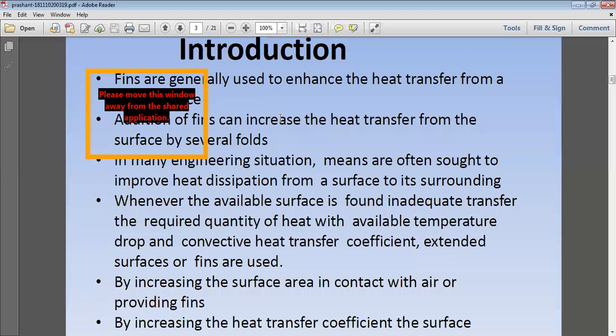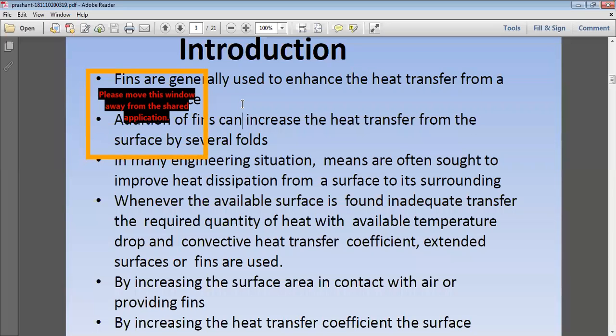Fins are generally used to enhance the heat transfer from a surface to the surroundings. So what is the main function of the fin? Fins are used to enhance the heat transfer from a given surface. That means if you want to dissipate more heat to the surroundings, then we can use such fins.